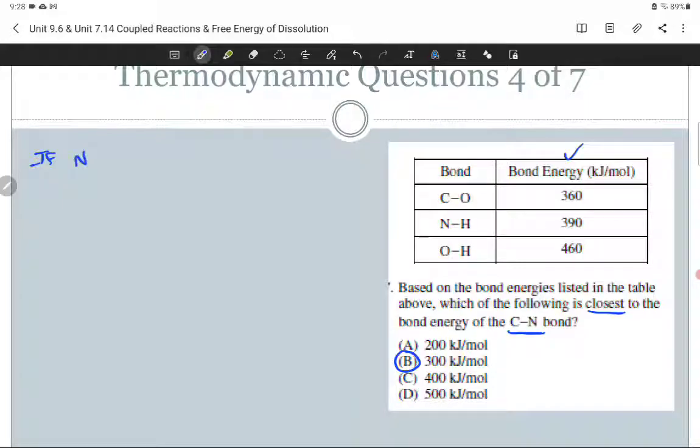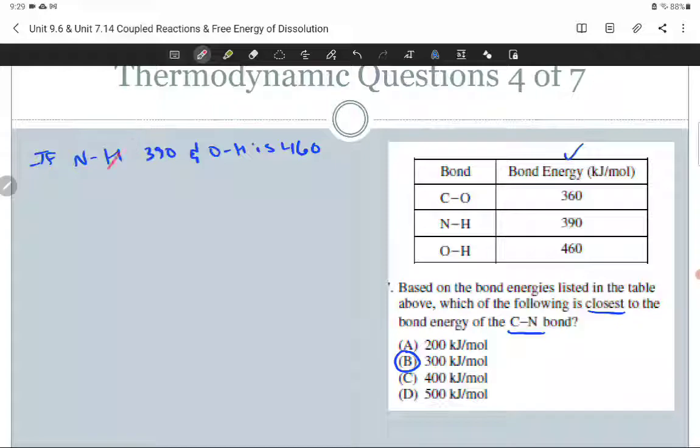This is the style I chose, but there's probably a lot of different avenues here. If the N to the H is 390 kilojoules per mole, and O to the H is 460, think of it like if A plus B is this and B plus C is this, what's A plus C?